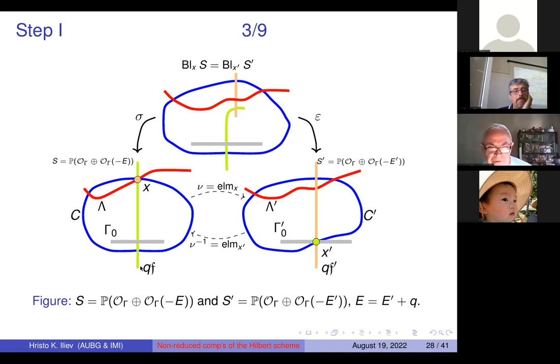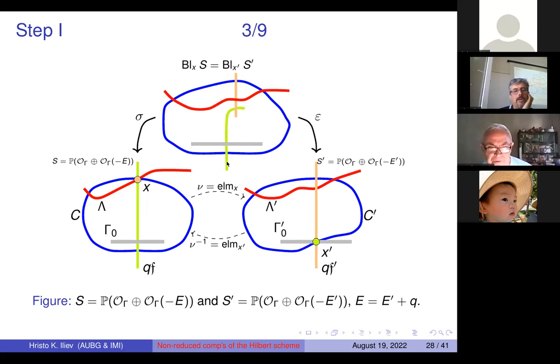Then S prime can be obtained from S in the following way. If I take a point X in the fiber QF, this means it projects with the natural projection down to Q on gamma, and blow up S to get this picture that you see here. I haven't drawn the other fibers, but there are other fibers here that are not affected in this transformation.